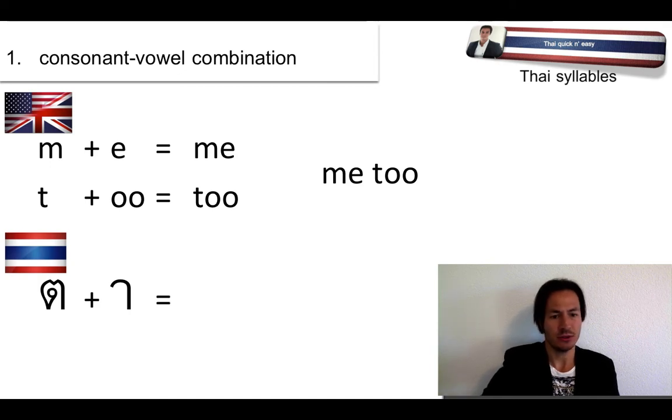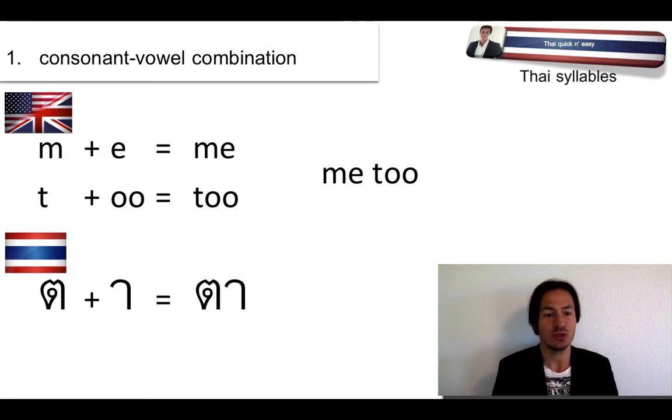These two then also combine to a syllable, which can also in Thai already be a word. So these two combined are a syllable in Thai language, which is read as da, but you don't have to know it, or you don't have to learn that, of course.